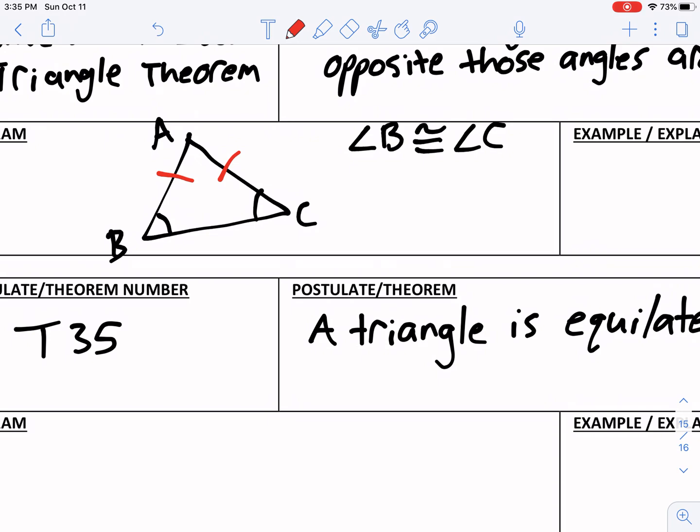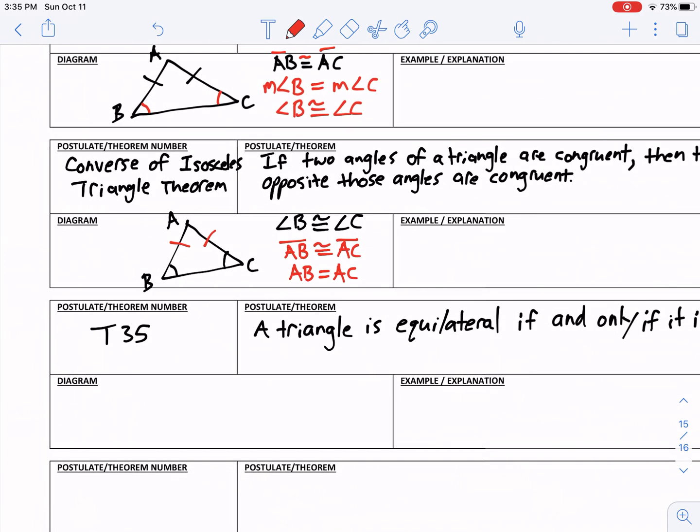So AB would be congruent to segment AC. In other words, those sides will have the same measures, okay?